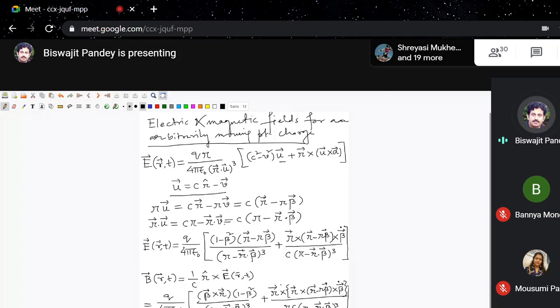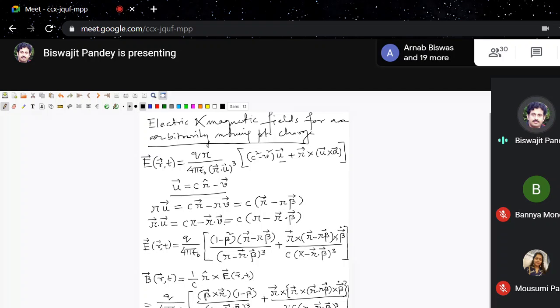Clearly, there is one important feature which is easily noticeable: there are two different terms. One term purely depends on velocity. Beta is the velocity of the moving point charge, right? On the other hand, the second term depends on velocity, but it has an additional dependency on the acceleration, this beta dot.